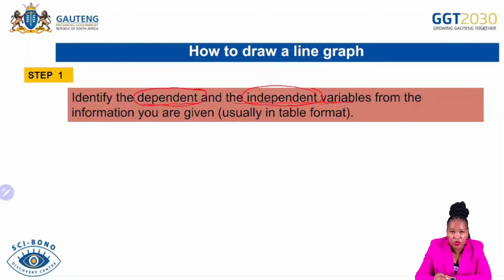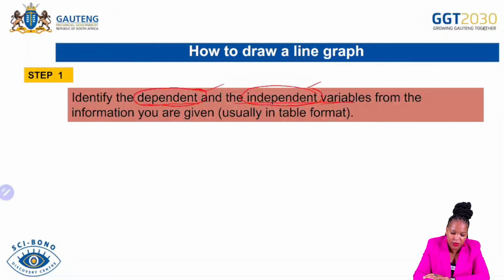If you are not able to identify those, you will not be able to draw your graph. You will not know which one comes on which side when you draw your Cartesian plane. Right, so from the information that you are given, usually this information will be in a table format. So that is the first step.